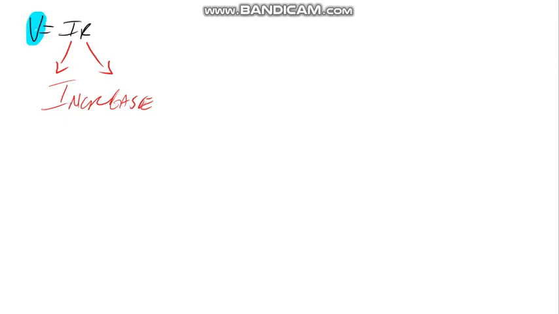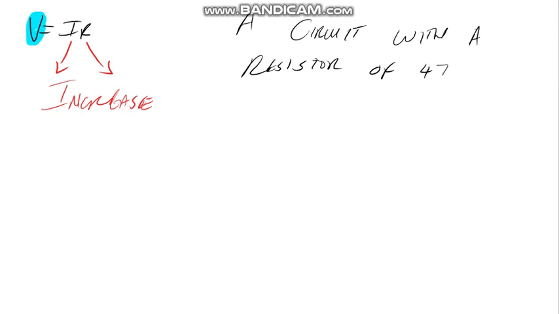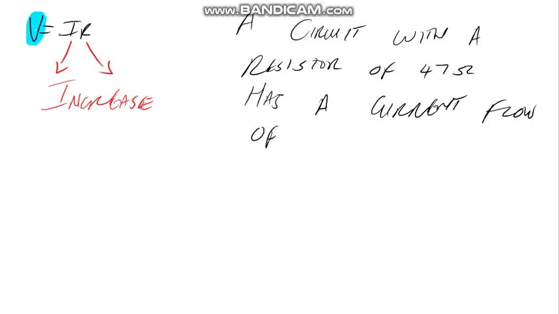Let's say a circuit with a resistor of 47 ohms has a current flow of, let's say, 2 amps.